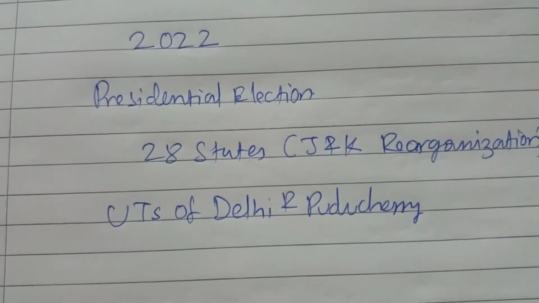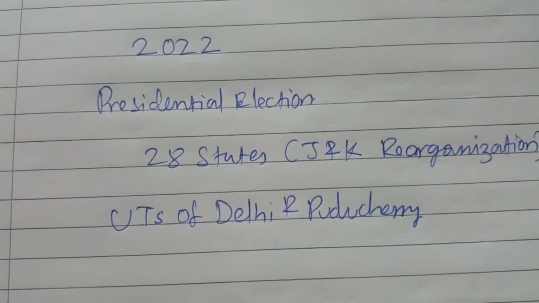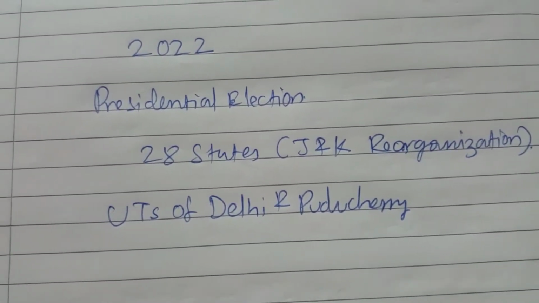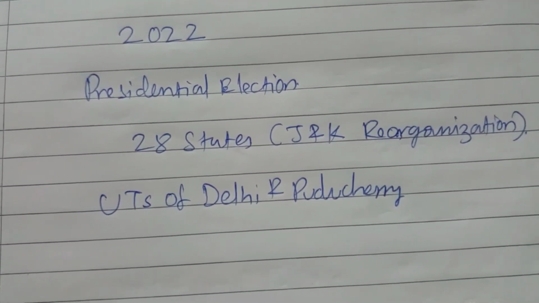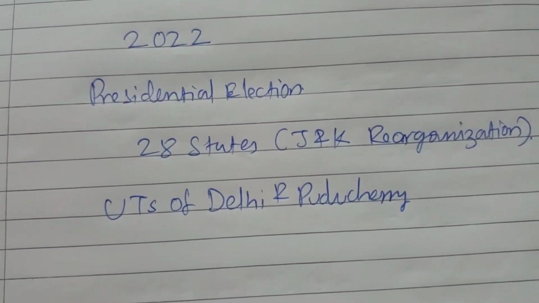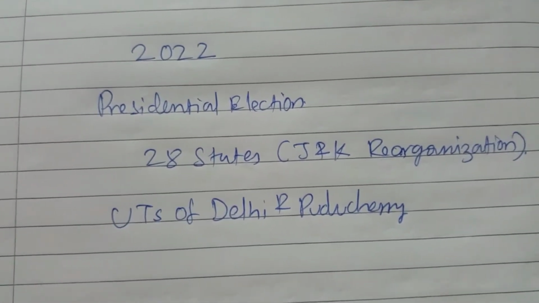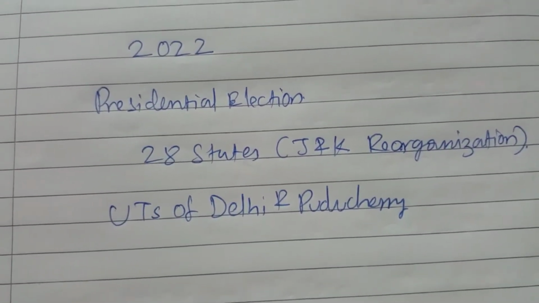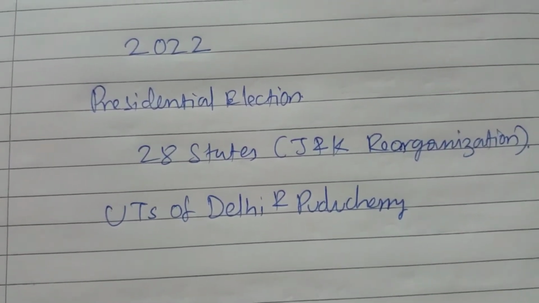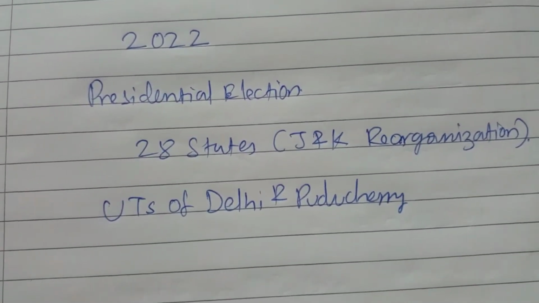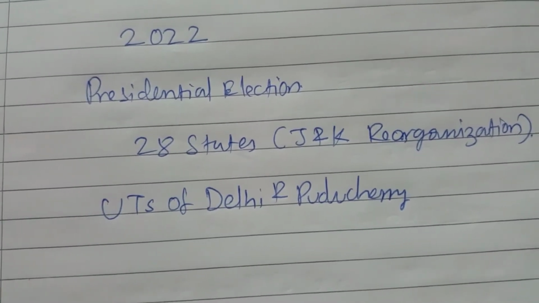In the 2022 presidential election, MLAs from 28 states will be participating, and from the union territories of Delhi and Puducherry as usual. The number of states has been reduced from 29 to 28 as per the Jammu and Kashmir Reorganization Act 2019.